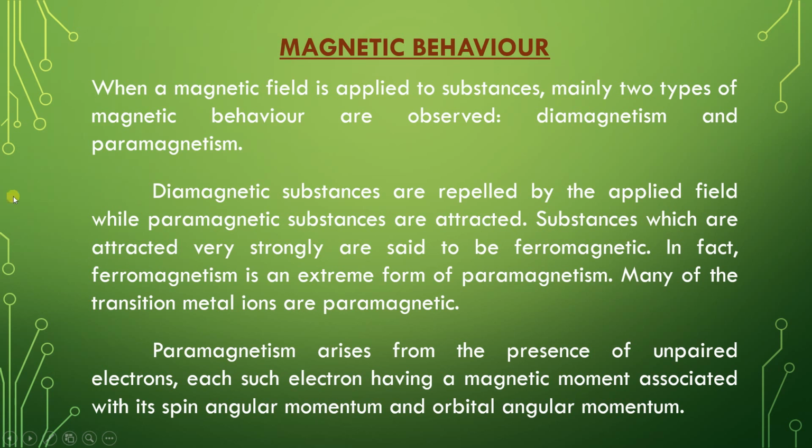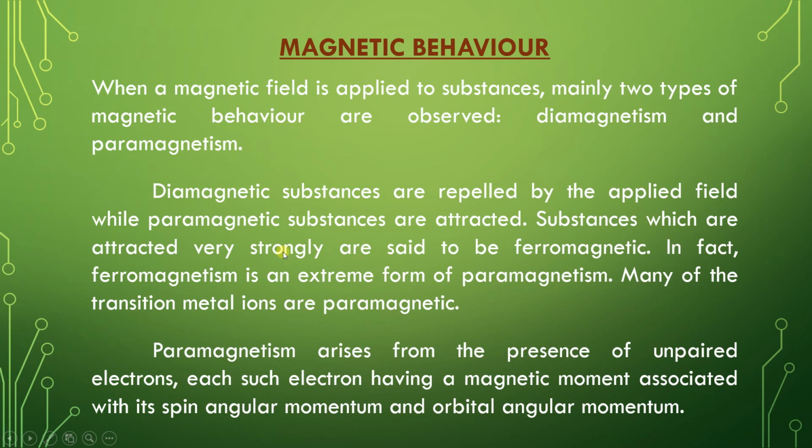So the next property, magnetic behavior. Generally, when a magnetic field is applied to a substance, mainly two types of magnetic behavior are observed, that is diamagnetism and paramagnetism. Diamagnetic substances are repelled by the applied magnetic field, while paramagnetic substances are attracted.